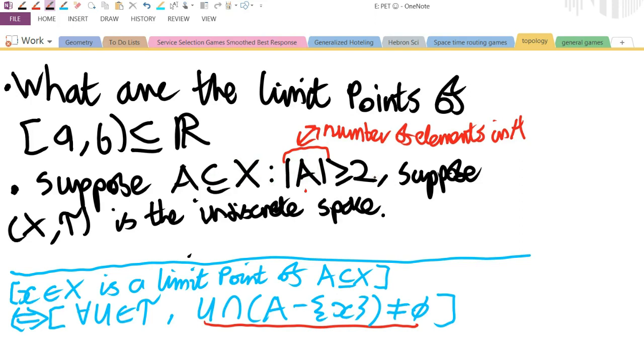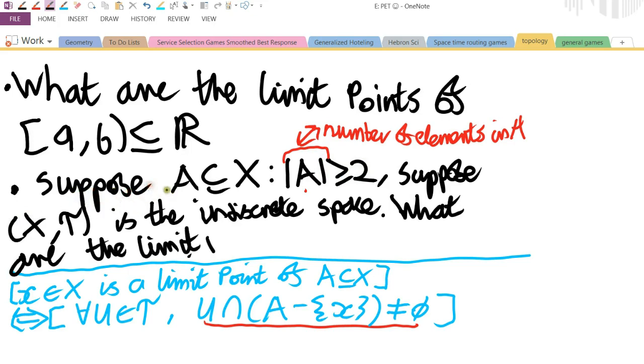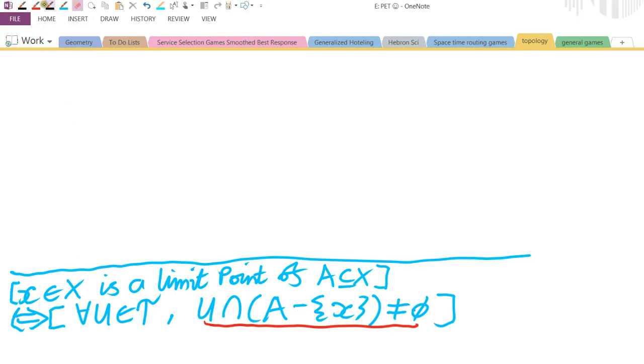Now our question is just, what are the limit points of A? Those are good questions to think about. If you can answer those, then you've probably absorbed this definition of limit points quite well.